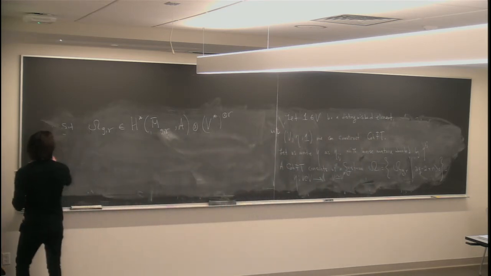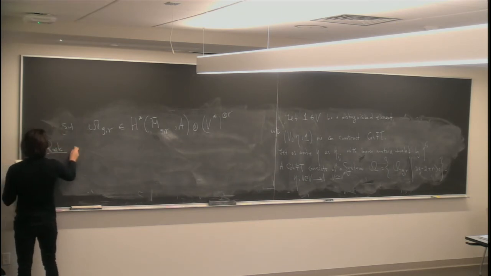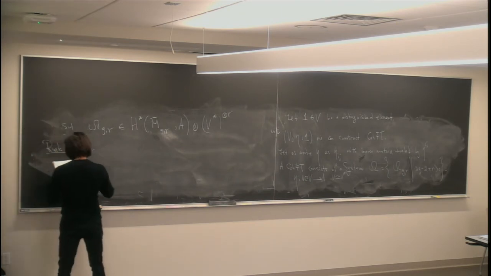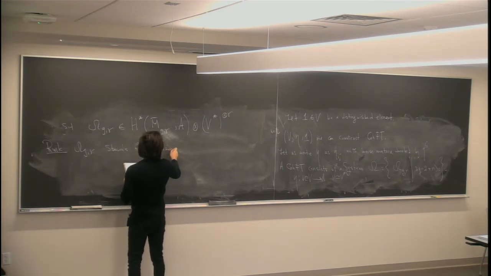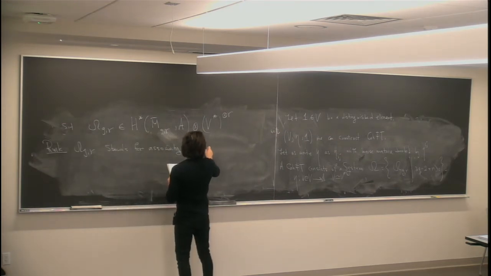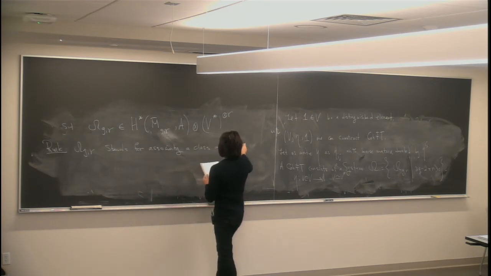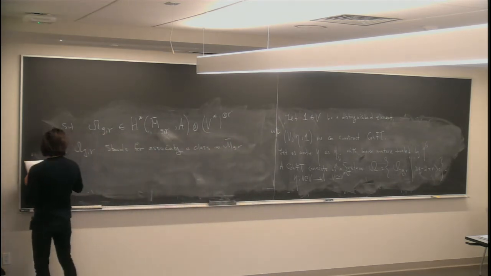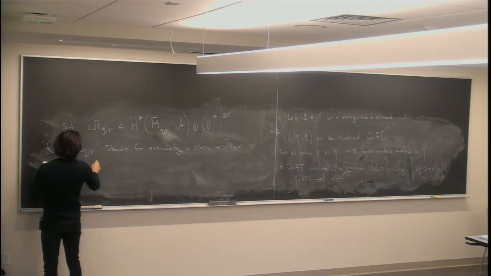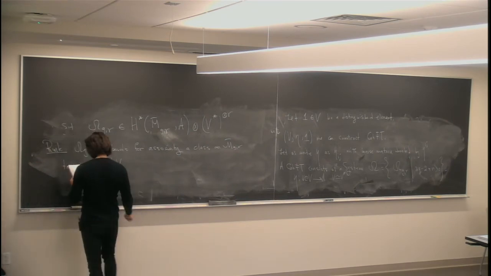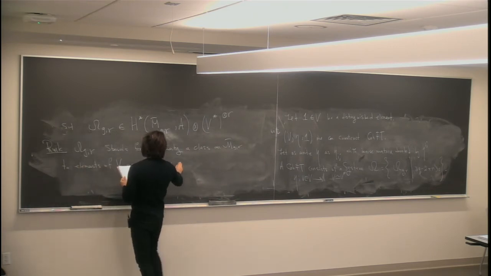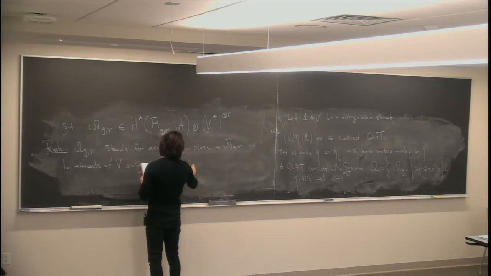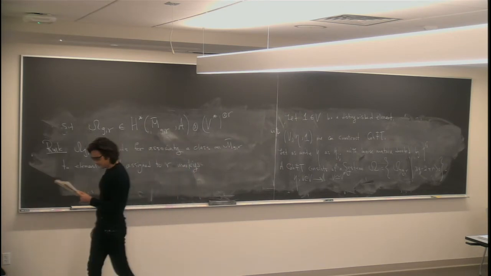All right, so a remark: omega gr stands for associating a class on M bar gr to elements of V assigned to r markings. Okay, so that's what it is.